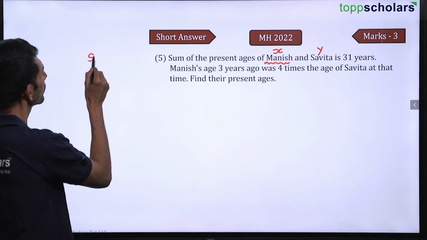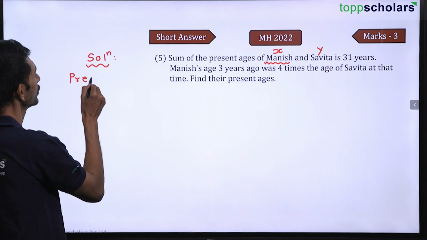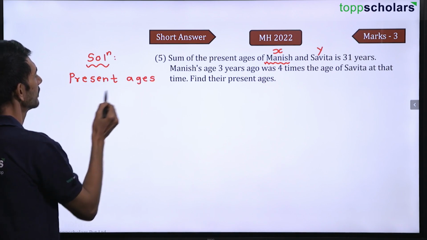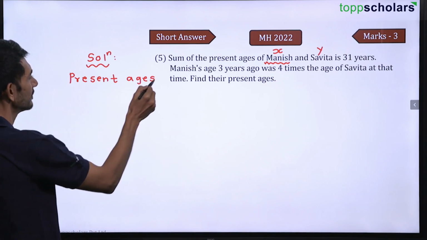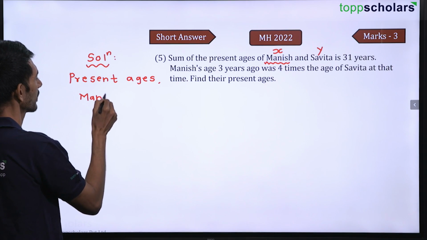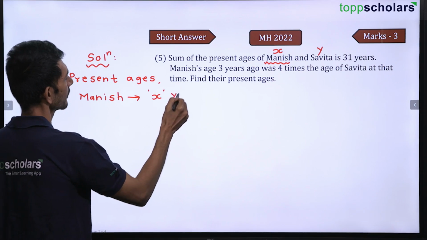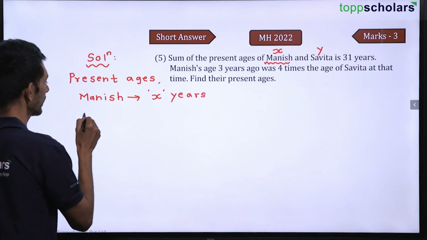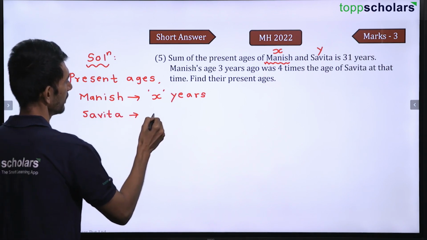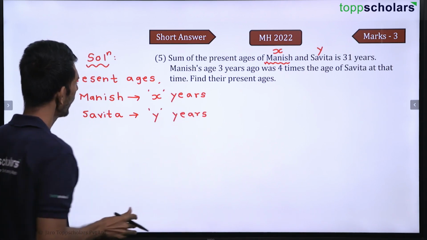So as of now, what we will do is, we will assume their present ages, right? So let the present age of Manish be x years, and for Savita, the present age is y years, right?